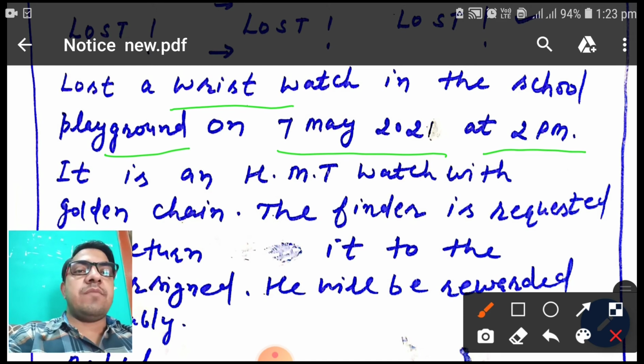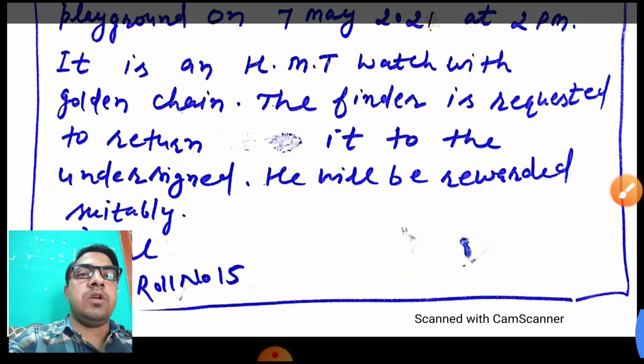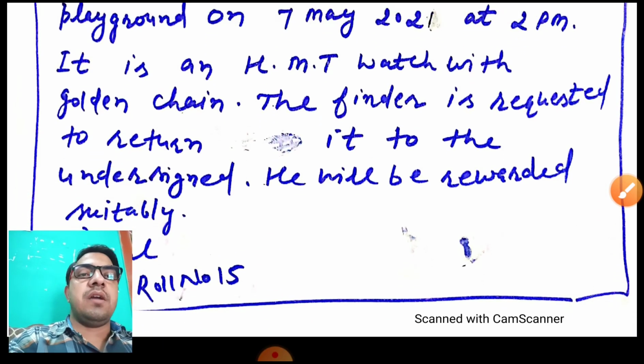It is an HMT watch. If any company name is given in the question, then you can write the name which is given in the question. If no company name is given, you can write the name of any company. It is an HMT watch with golden chain. The finder is requested to return it to the undersigned.